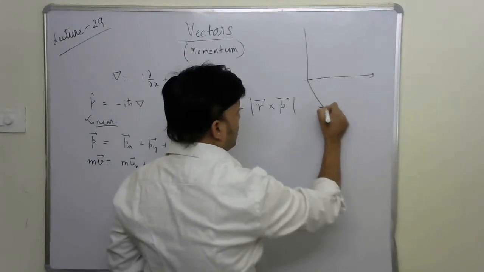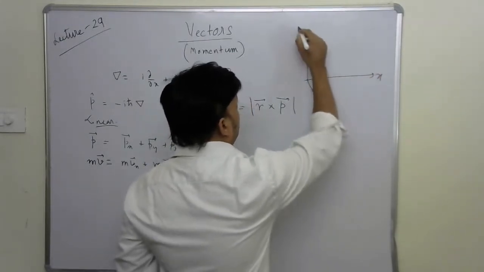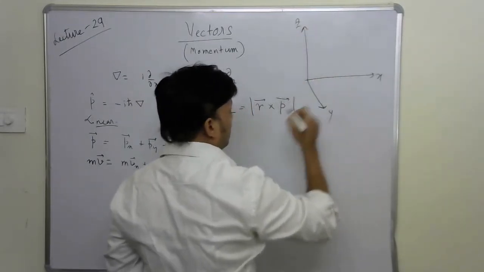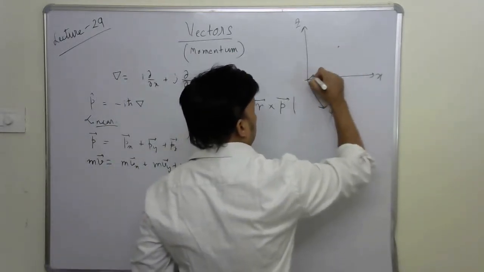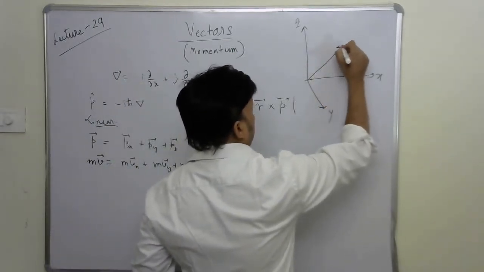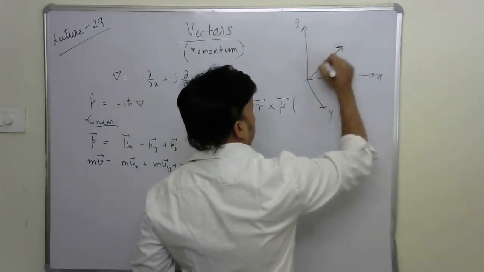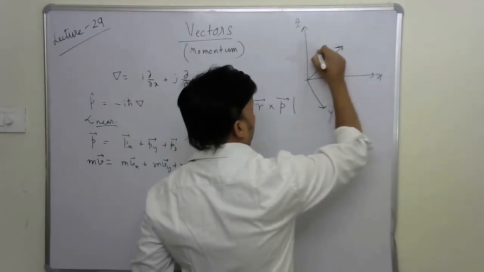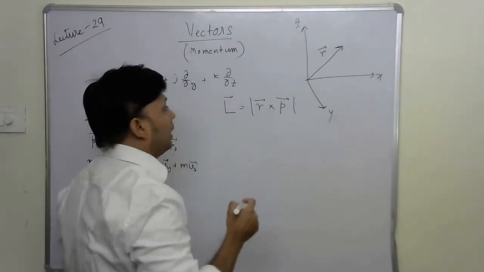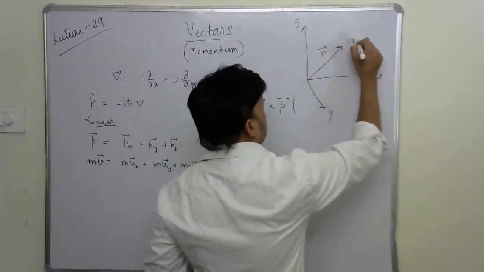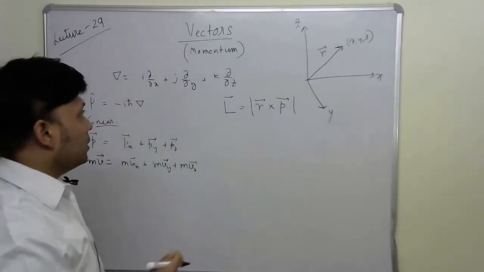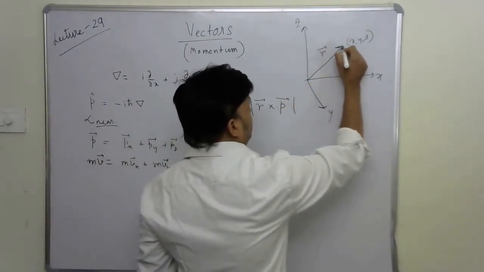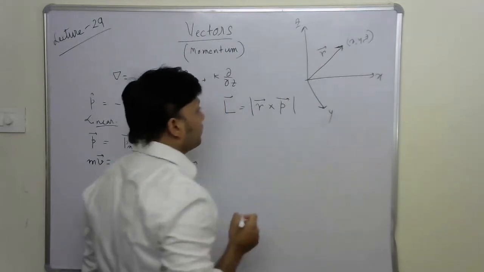Okay, so once again we draw mutually perpendicular Cartesian axes x, y and z, and let's imagine that this is the point, this is the magnitude of vector R. Okay, and its coordinate is x, y and z arbitrarily. So this is a particle, so remember there is a particle.